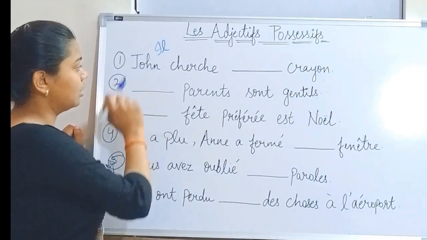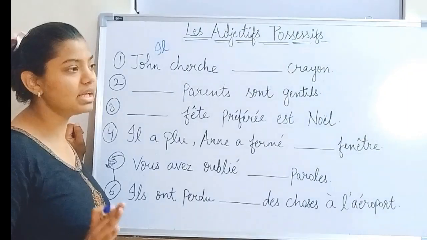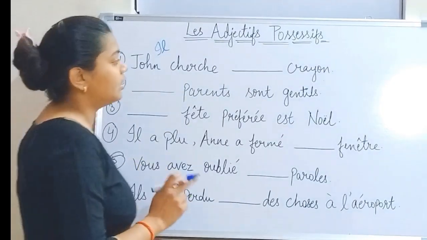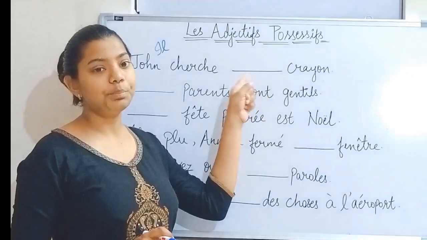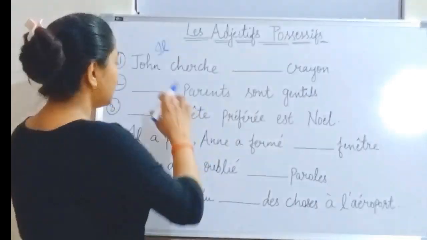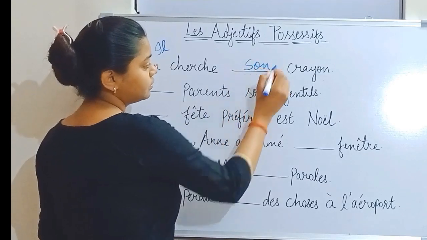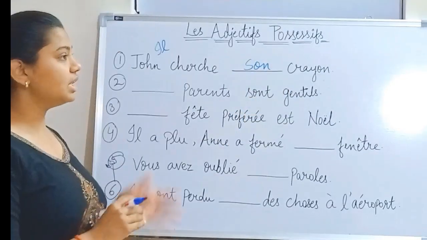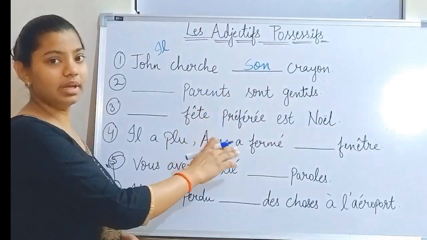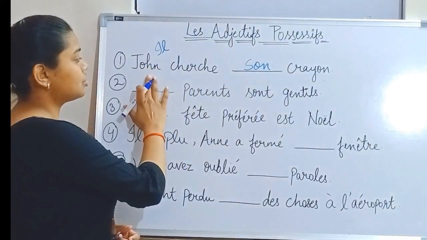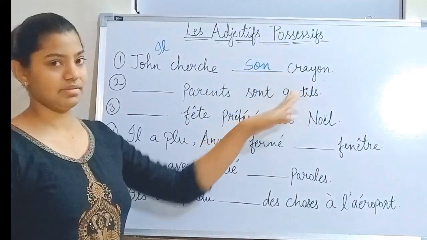So with il, because il is masculine, what possessive adjective do we put here? Because with il, elle we use son, sa, ses. Okay, son crayon. So John cherche son crayon. Okay, John searches for his pencil.